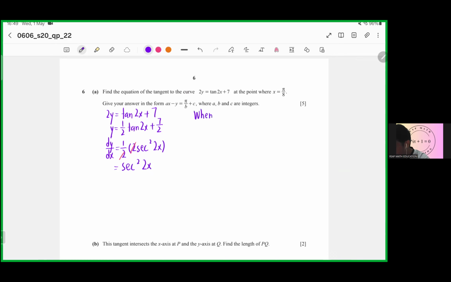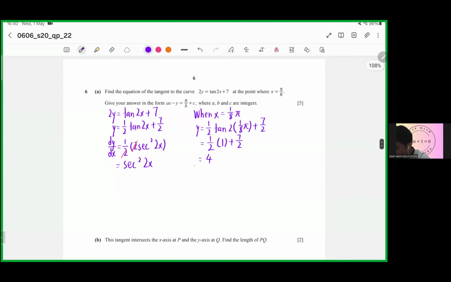When x equals 1 over 8 pi here, we can find the y coordinate first. 1 over 2 tan 2 bracket 1 over 8 pi plus 7 over 2. So 1 over 2, because here we got 1 over 4 pi, it means 45 degrees. For 45 degrees we get 1, so y equals 4.